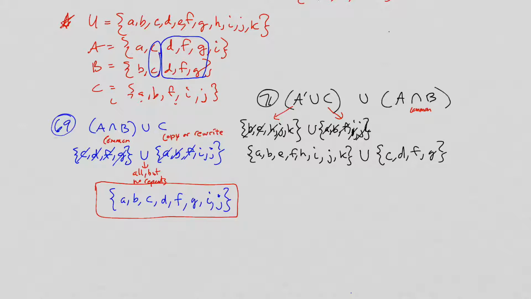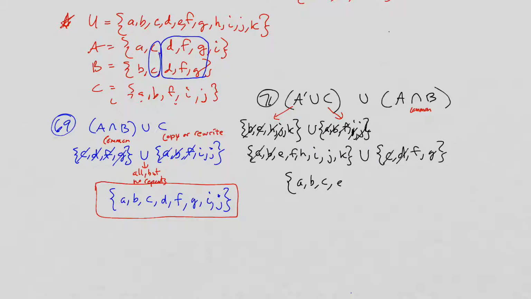Union means all, but no repeats. All right, that means we're gonna have to read every single letter, write it down in alphabetical order, and leave out whatever is not included. So, let's start with A. Is there an A? Yes, right here on the left. Is there a B? Yes, here. Is there a C? Yep, right there. Is there a D?